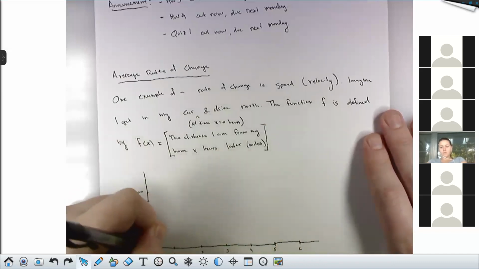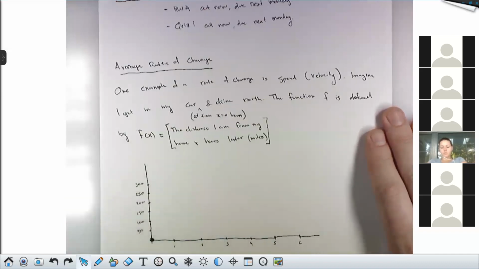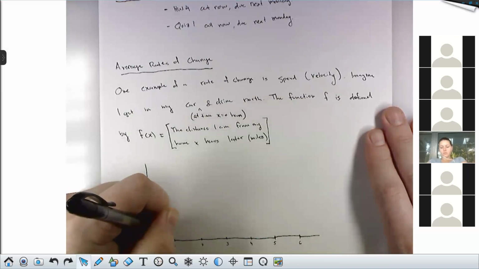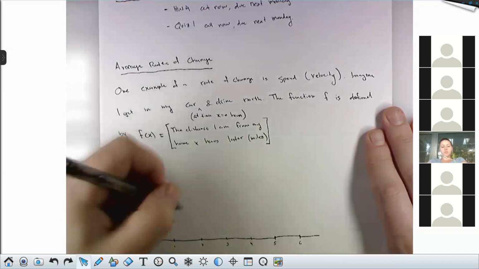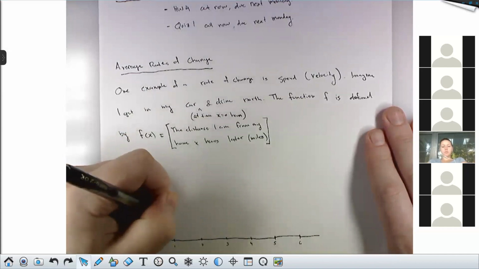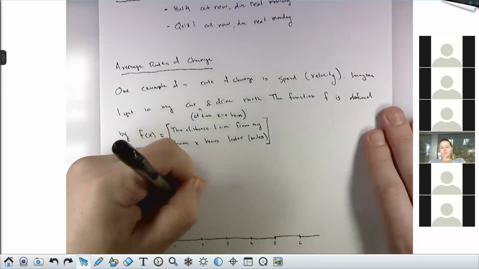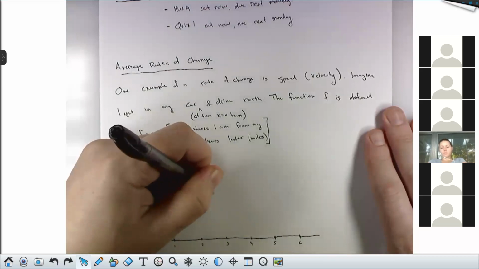And maybe we start off, well, I've got to start off at the origin, right? Because I'm starting at my house. So at time x equals 0, I have to be 0 miles from my home. And then maybe after that first hour, I've made it about 100 miles. And we continue on something like this.